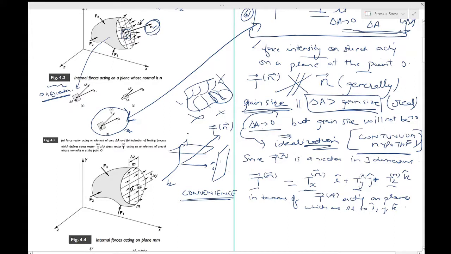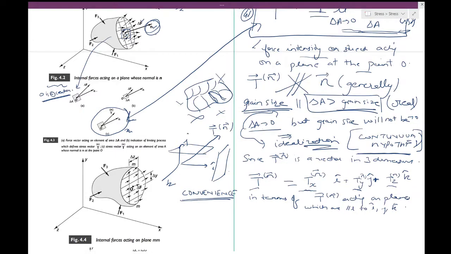So if you can, let me use another color. So this vector, the blue vector, would be nice to write in terms of, say, this, this and this.